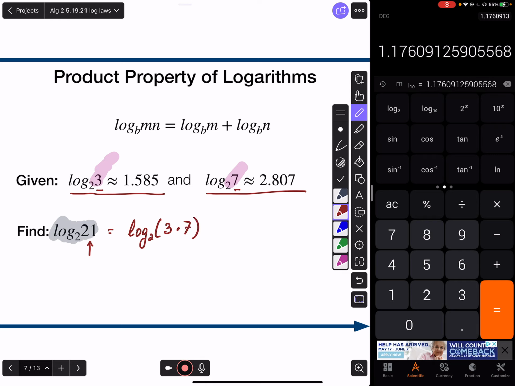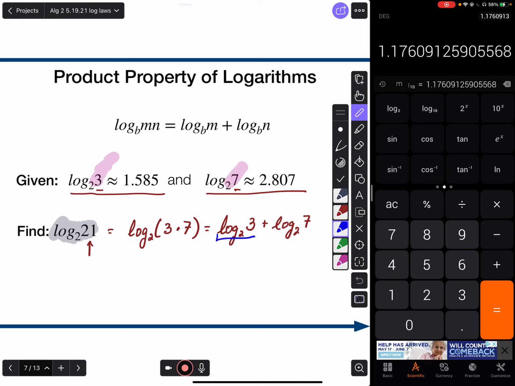That's how I can get 21 and use the 3 and the 7. Then I'm going to apply this law, which says if you have a product in the logarithm, which I do, I can break it up into two separate logarithms. So now I can rewrite it as log base 2 of 3 plus log base 2 of 7.